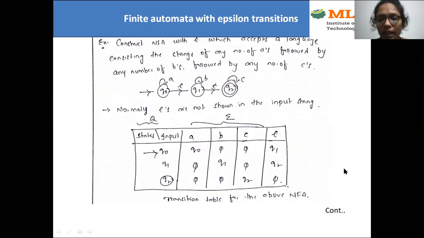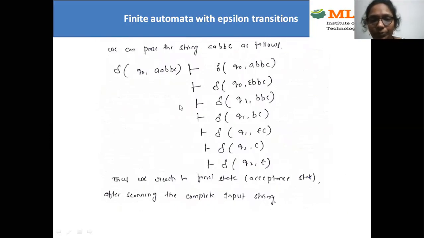For that, I'm just taking one example here: A, A, B, B, C. So 2 A's followed by 2 B's followed by 1 C. Any number of C's, that is our wish. Now what is the initial state? I need to do this process from the starting state, the initial state. We have Q naught here, so I should take this process from Q naught.